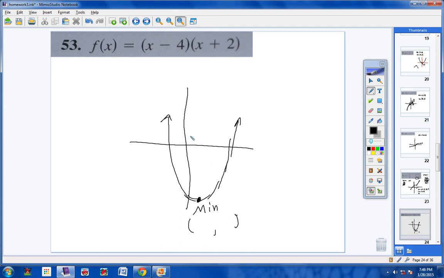Scroll down to minimum, okay? When it asks for left bound, make sure you stay right here to the left, and when it asks for right bound, you stay over here to the right. So here we go. There's the left bound, and there is the right bound, and then the enter for the guess part.